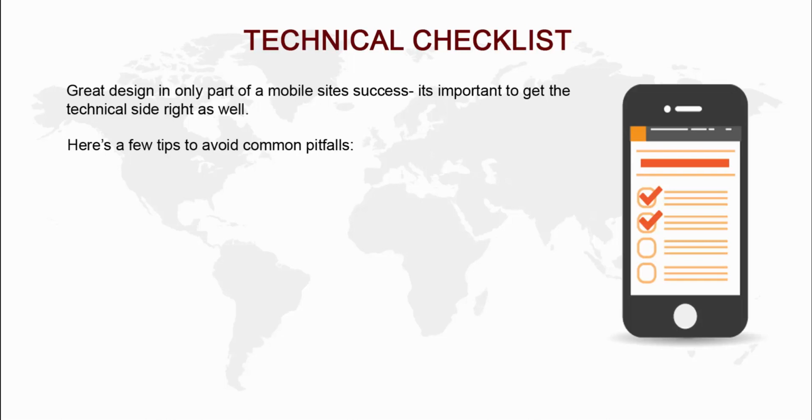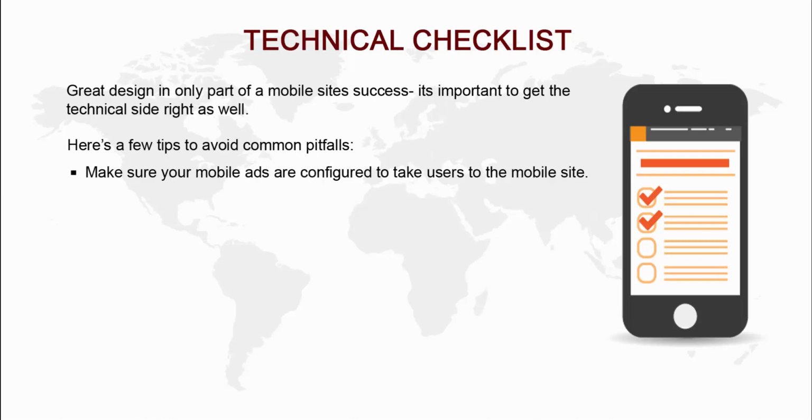The first step is to make sure that your mobile ads are configured to take users to the mobile site. Like if the person is searching for a product like a watch, he should go to the mobile sites which are offering watches only. He should not land on mobile sites which are offering some other products like mobile phones. Make sure that the page can load in a logical order.